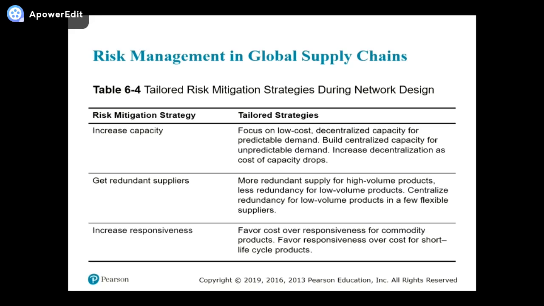For low volume products, a similar strategy that can be used here is to centralize the demand for these low volume products among suppliers that have flexible capacity.